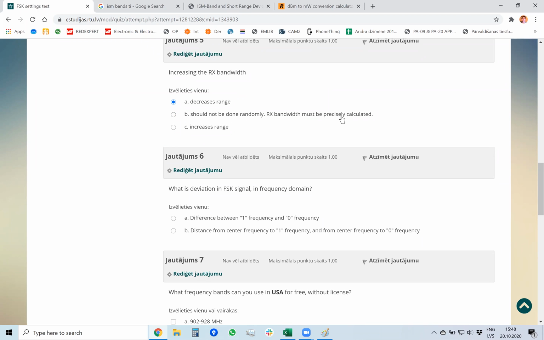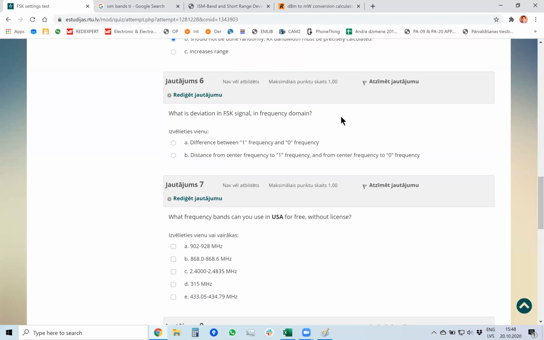RX bandwidth must be precisely calculated. This would actually be the correct answer, right? Because you can't increase or decrease it randomly. It should be equal to TX bandwidth plus a small safety margin because of the crystal precision. So this is the correct answer. Should not be done randomly. That's true. It needs to be calculated. And I gave you the formula.